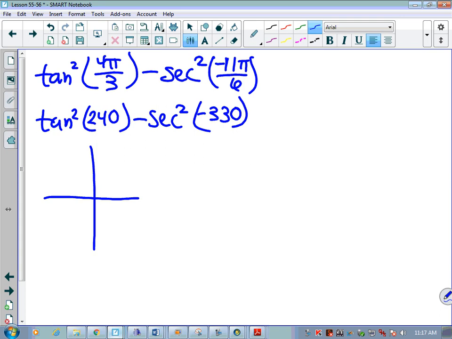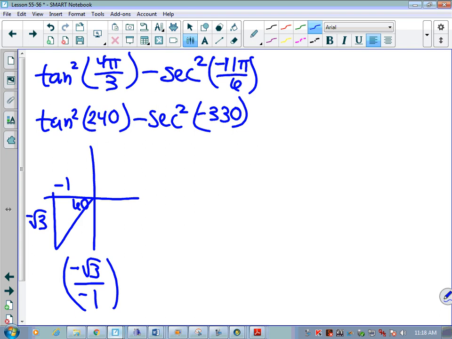I'm coming around in my positive degree, so I'm at 60, so I'm at radical 3. Because we're looking for tangent, it's negative radical 3 over negative 1, and we're going to square that.